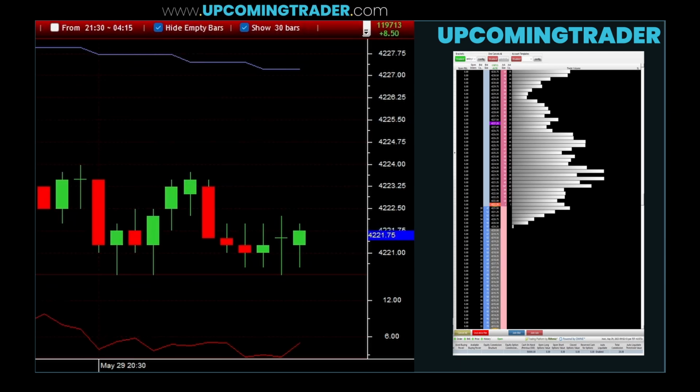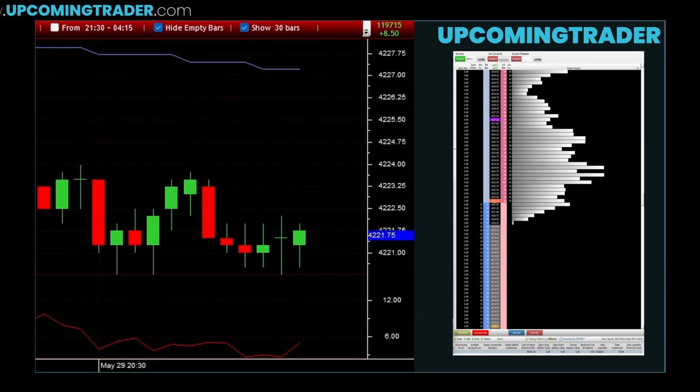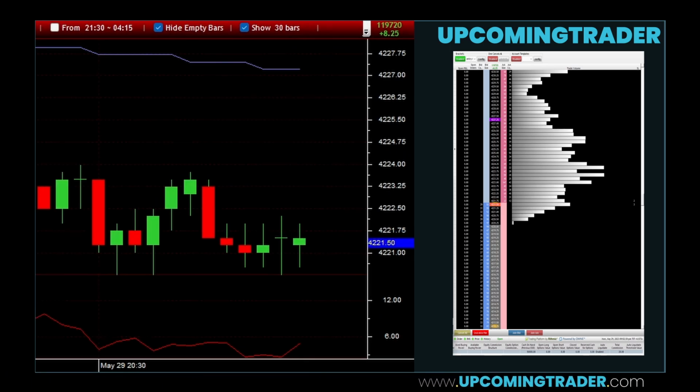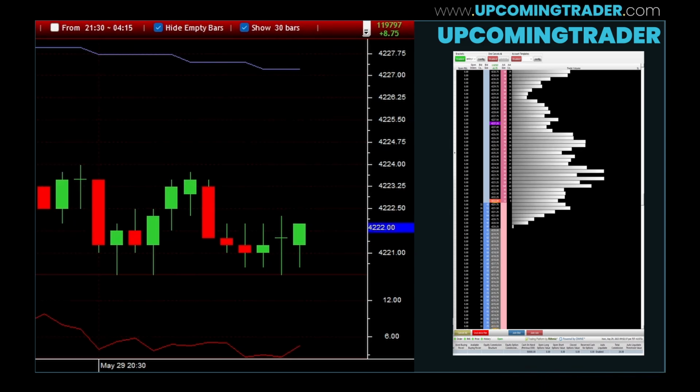Understanding the flow of orders can also help you see how the market moves. If there are more buy orders than sell orders, the price of a stock will usually go up. On the other hand, if there are more sell orders, the price will go down. Watching how orders are moving in and out of the market can give you an advantage in predicting where the price might go next.